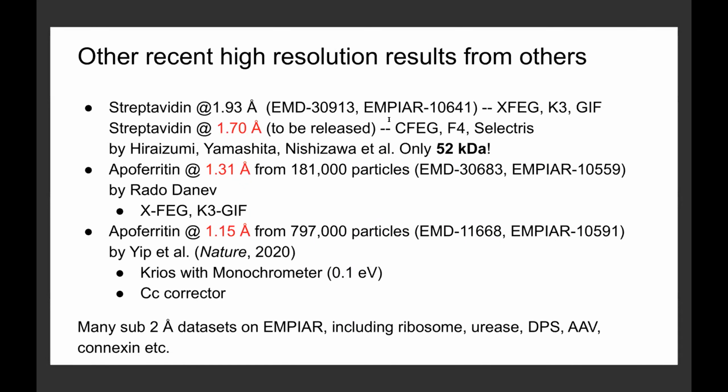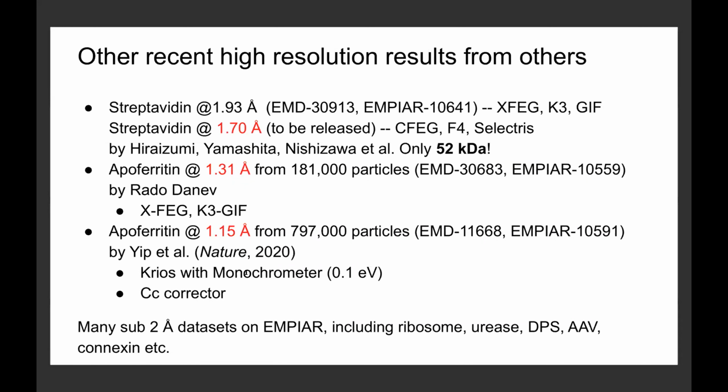And also, Radostin Danev, again in Tokyo, achieved 1.31 angstrom using a Krios G4 with XFEG and K3. And also, Holger Stark's group presented an impressive 1.15 angstrom structure using his custom-made Krios equipped with a monochromator and Cc corrector.